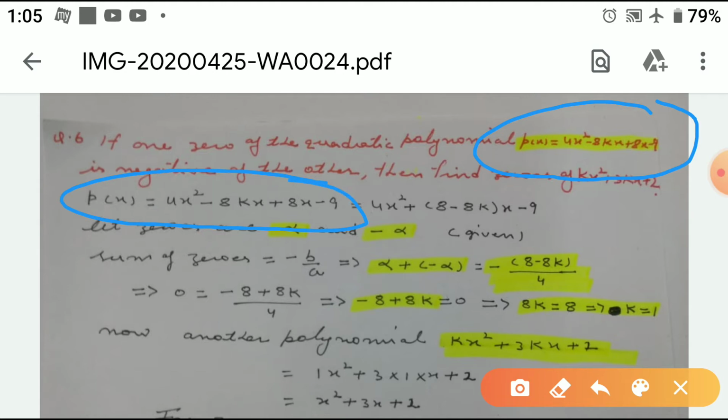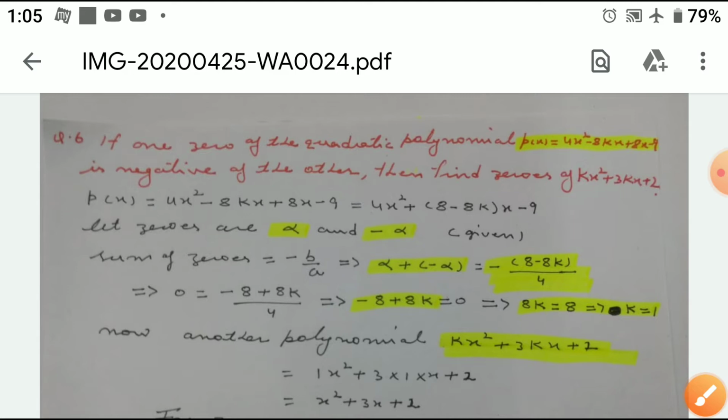So here we rearrange the coefficient of x. Clear? We take x common, and the coefficient of x, that is b, is 8 minus 8k. So now p(x) is equal to 4x square minus 8kx plus 8x minus 9, and finally this is your polynomial.